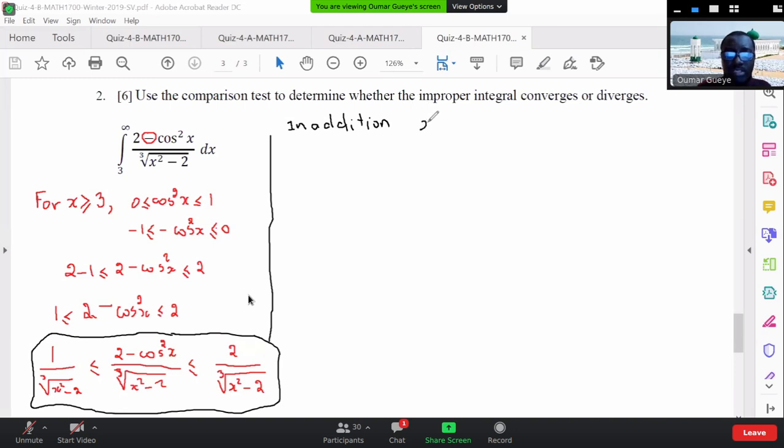So we have x squared minus 3, minus 2, sorry. So this is less than x squared, no matter what x is. But this is positive. Why? Because our x is greater than 3, so the smallest value for x is 3. So 3 squared is 9, minus 2 is going to be positive.